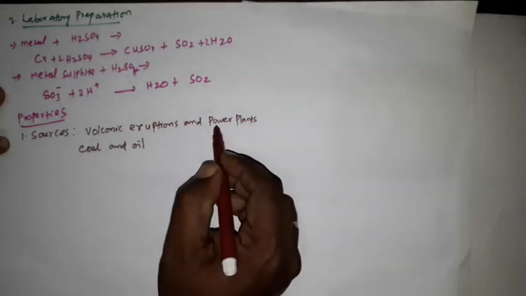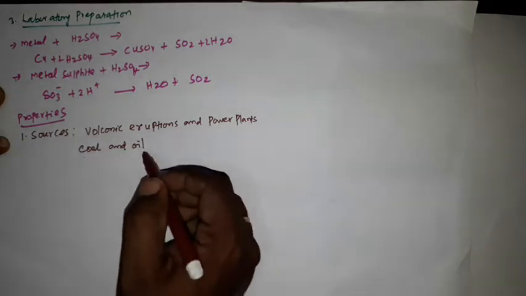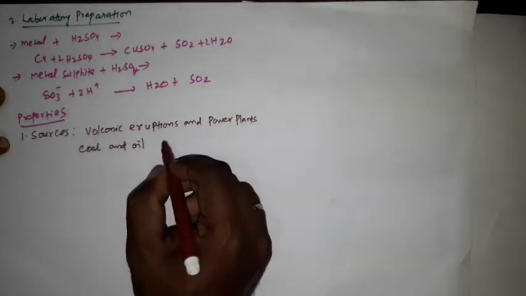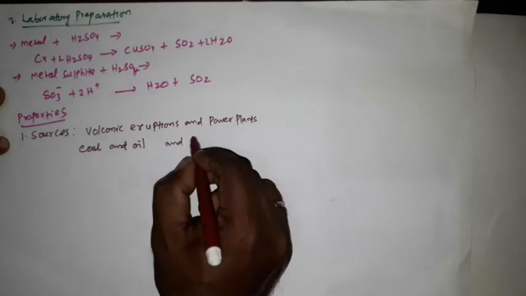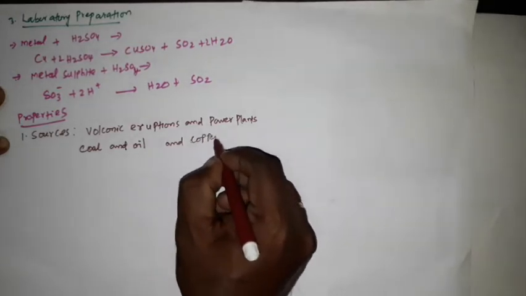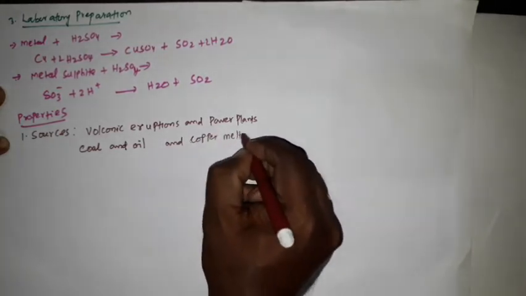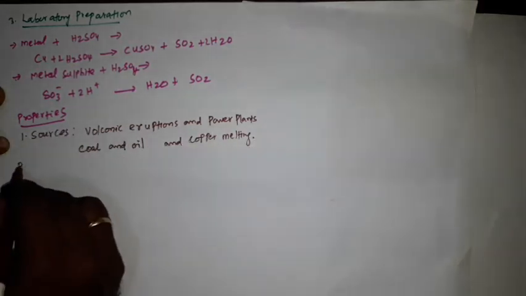So the power plants where they are using coal and oil, it is producing sulfur dioxide. Also from copper melting plants. Okay, so these are the sources of sulfur dioxide.